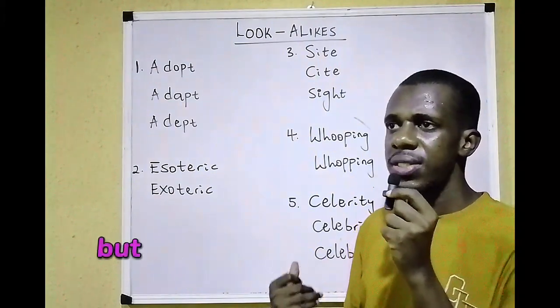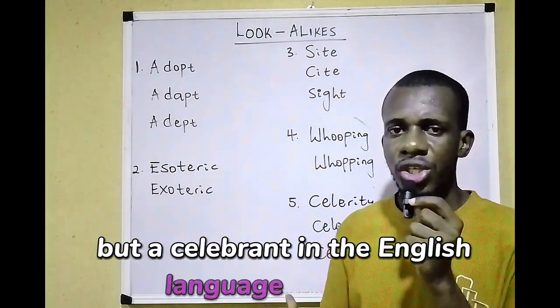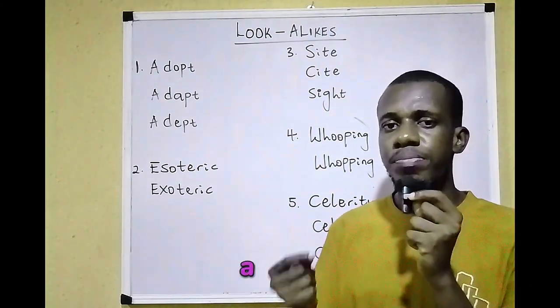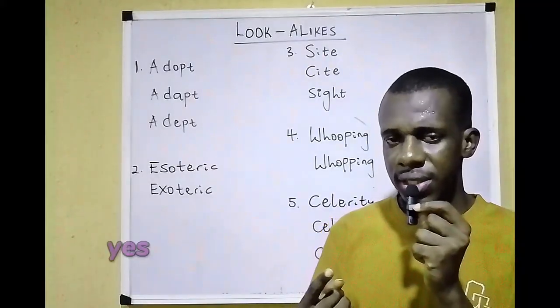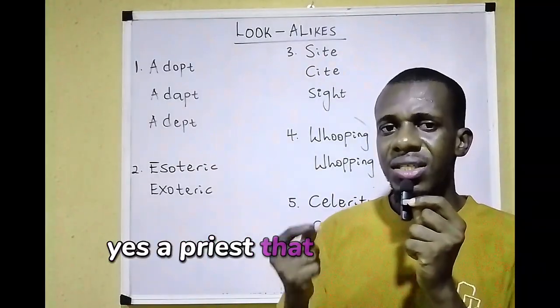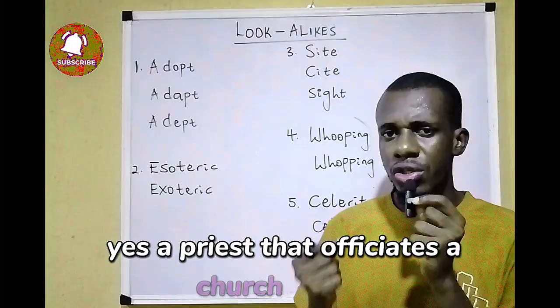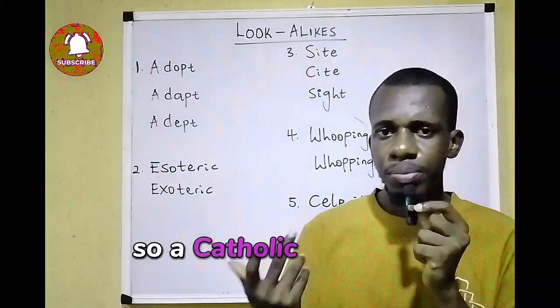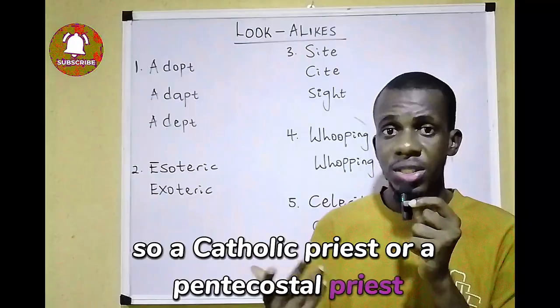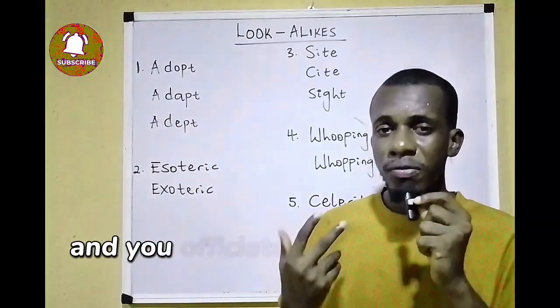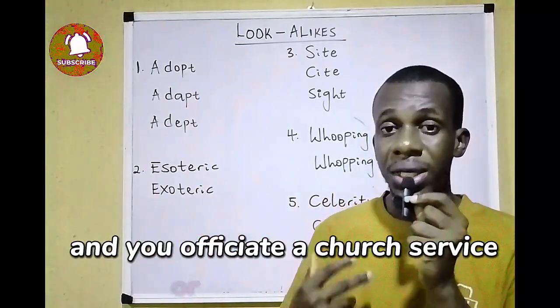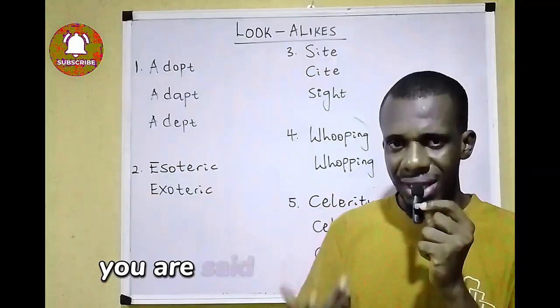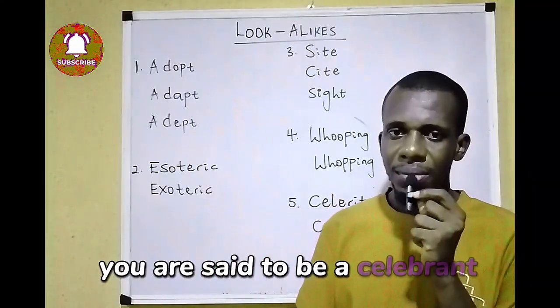But a celebrant in the English language is equally a priest, a priest that officiates a church service. That's a celebrant too. So a Catholic priest or a Pentecostal priest, if you officiate a church service or a Catholic mass, you are said to be a celebrant.